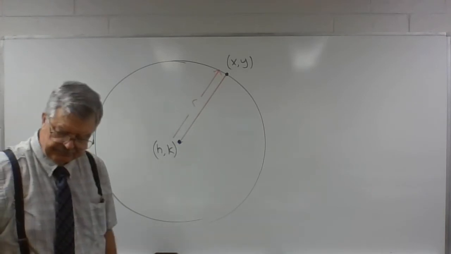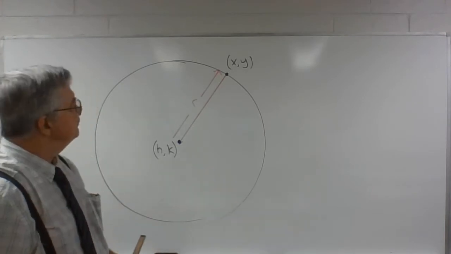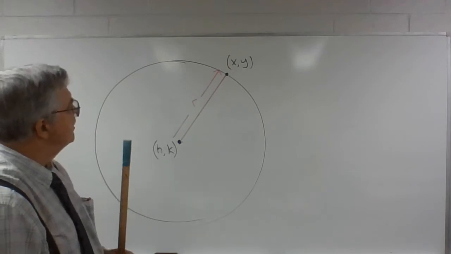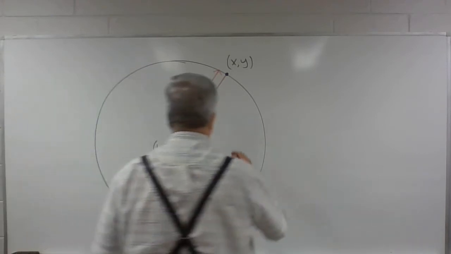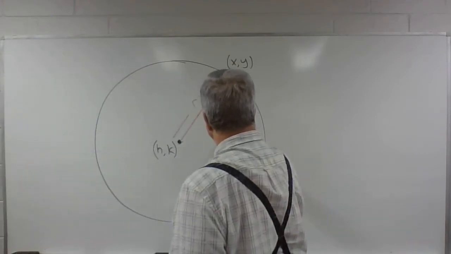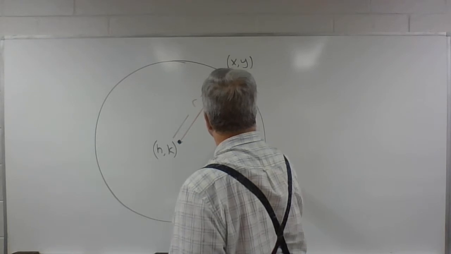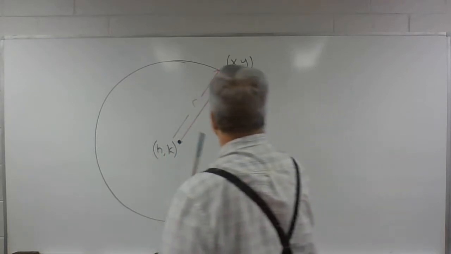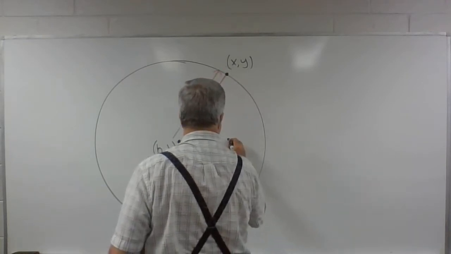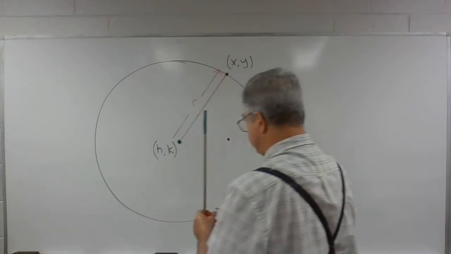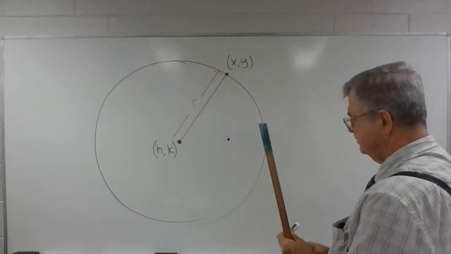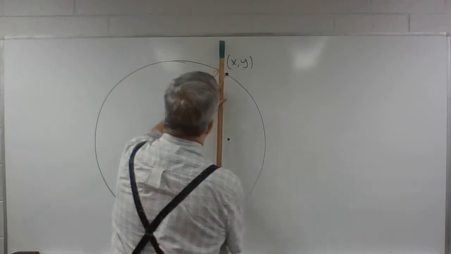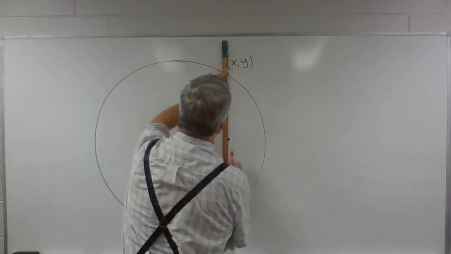Now, let me also draw this point right here. And I'll make that a black point. And I'm going to form a right triangle.